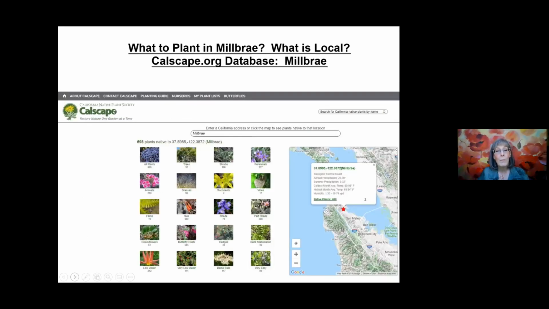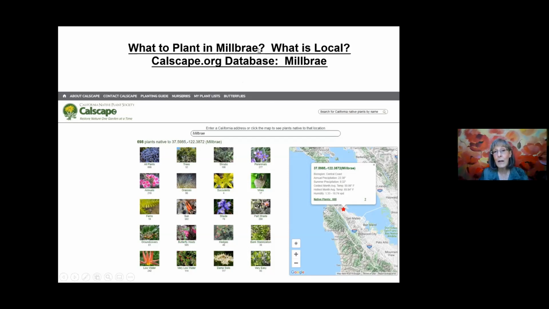So when people say, what do we need to plant? A very handy resource, and I'm sure a few of you already know about this, is the calscape.org website and database. I recently looked at it, and you can do searches on this database for specific areas. Here's one for Millbrae.